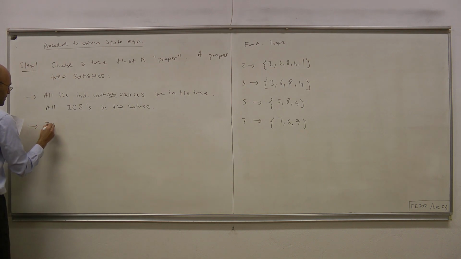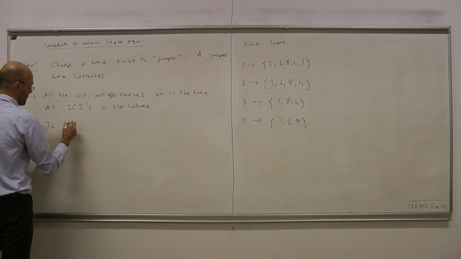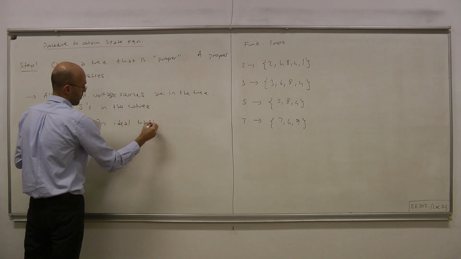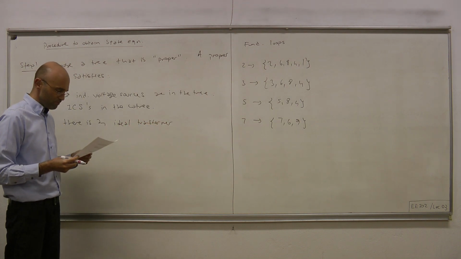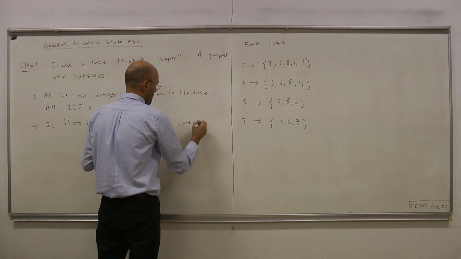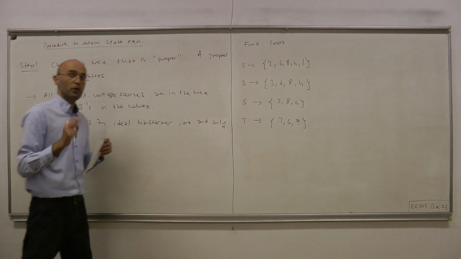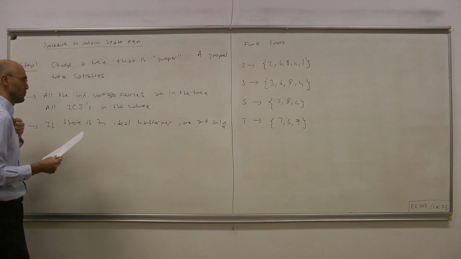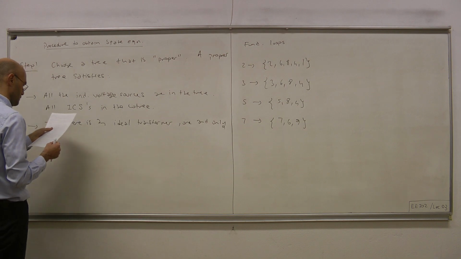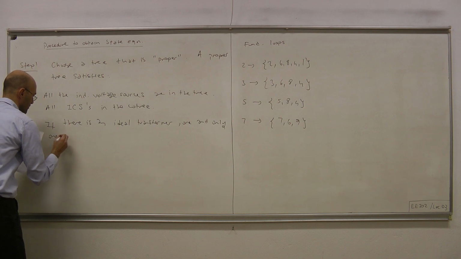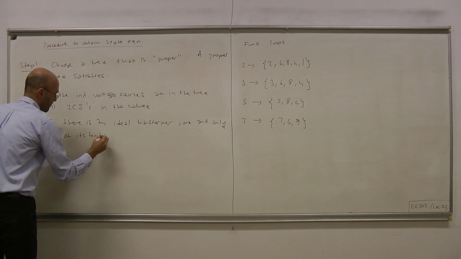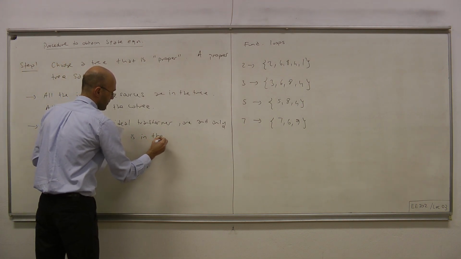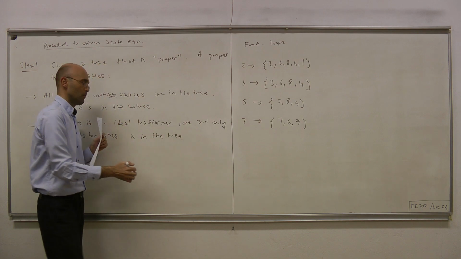Then, if there is an ideal transformer in our circuit, one and only one of its branches must be included in the tree, and all the remaining ones must be in the Cotree. One and only one of its branches is in the tree. And by tree we mean our proper tree.